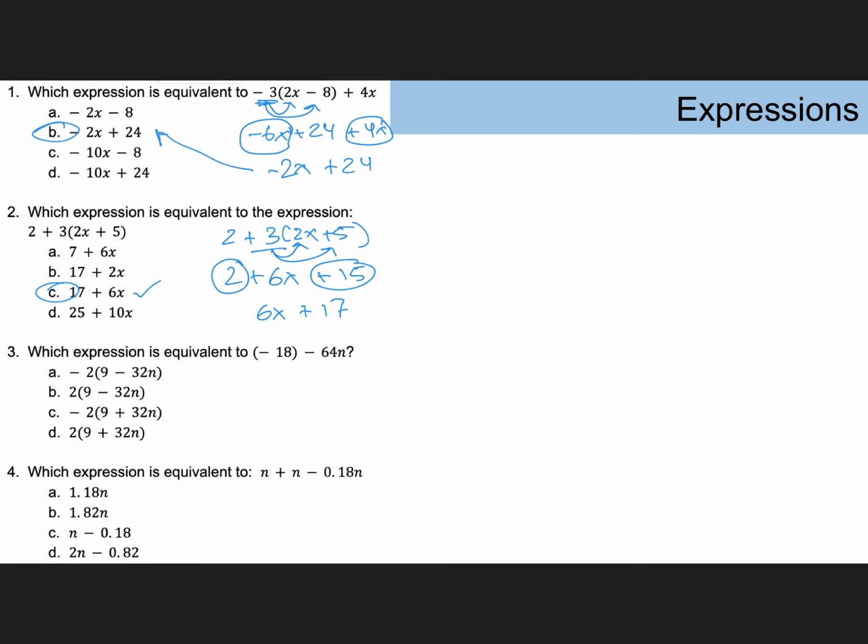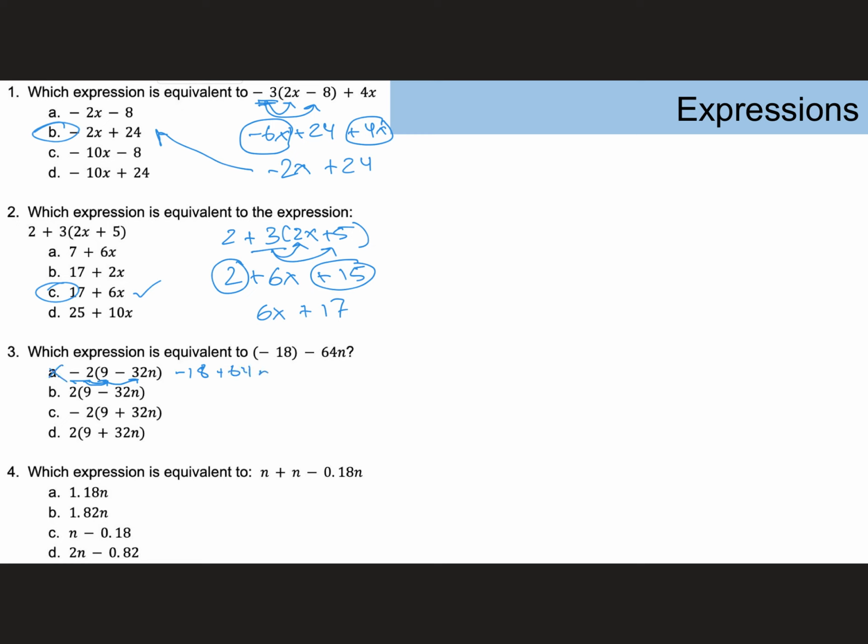Which expression is equivalent to negative 18 minus 64n? So this is kind of working in reverse. What's negative 2 times 9? It's negative 18. And negative 2 times a negative 32n is a positive 64n.